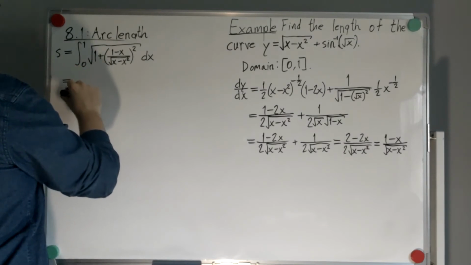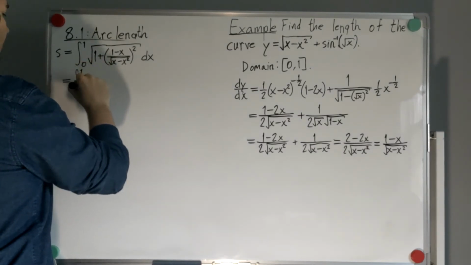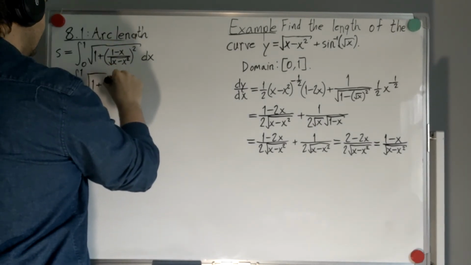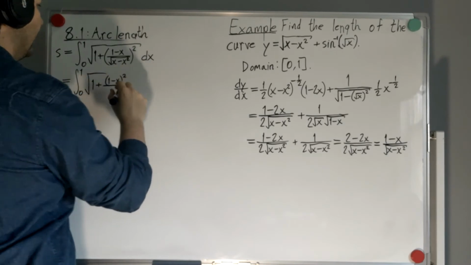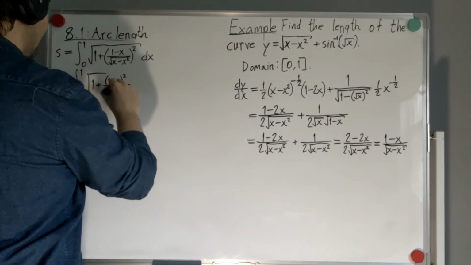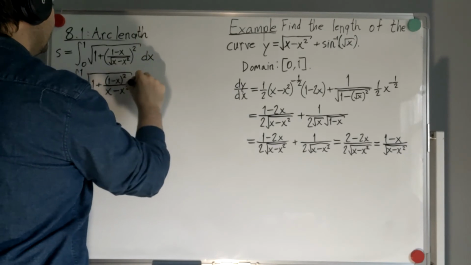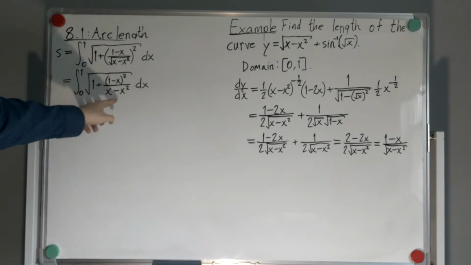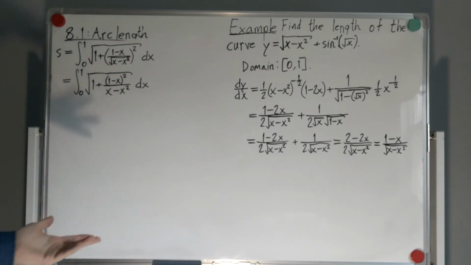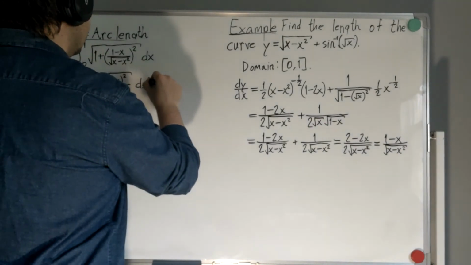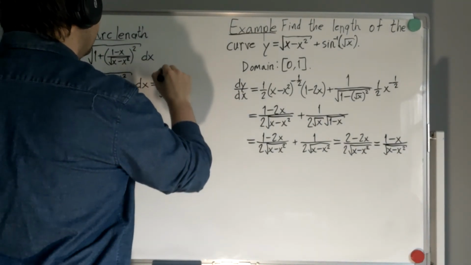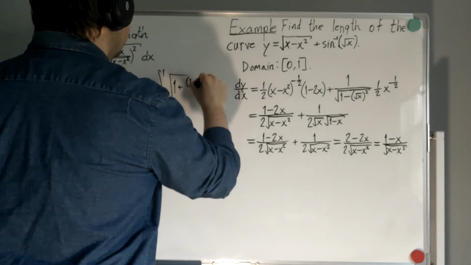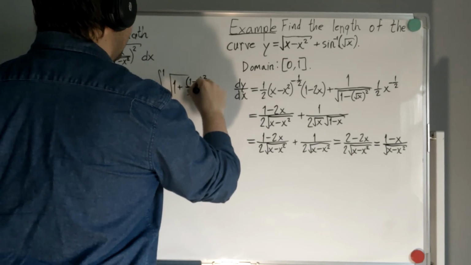This turns into the integral from 0 to 1 of the square root of 1 plus (1 minus x) squared divided by (x minus x squared) dx. x minus x squared can be factored into x times (1 minus x). So then this becomes the integral from 0 to 1, square root of 1 plus (1 minus x) squared divided by x times (1 minus x) dx.